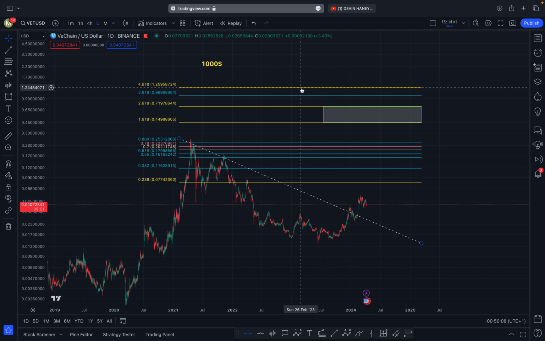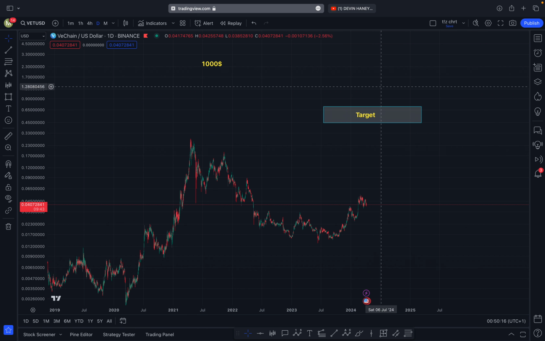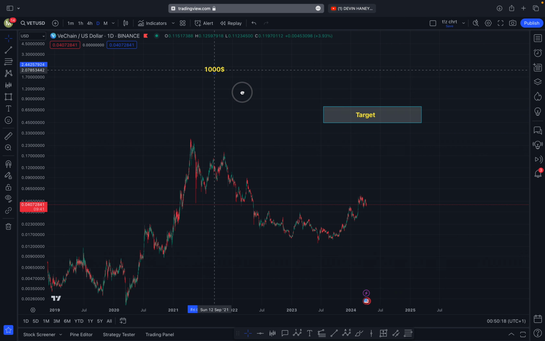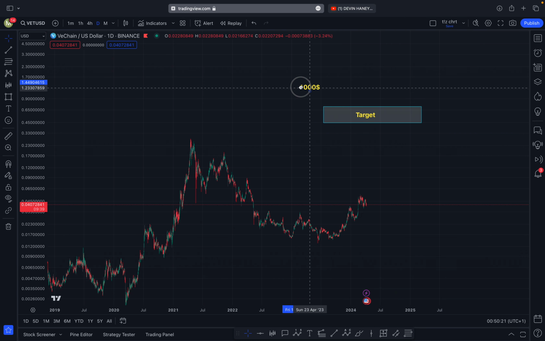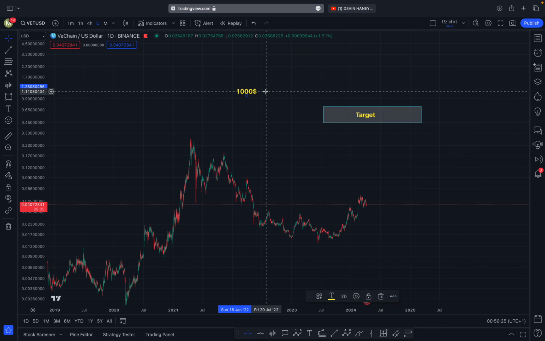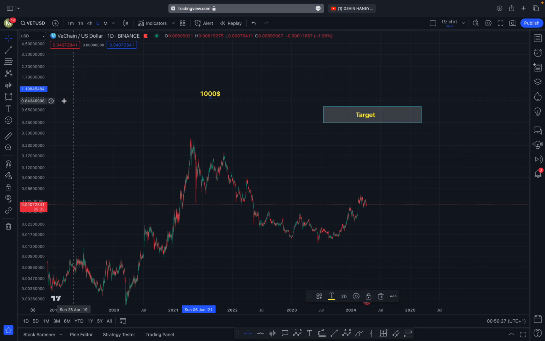So we know our target area now. Okay, this is our target area. And what you need is the entry. So if you use $1,000 and you want to make $50,000, you need a position size that is 5x, that is $5,000, and it needs to go 10 times.